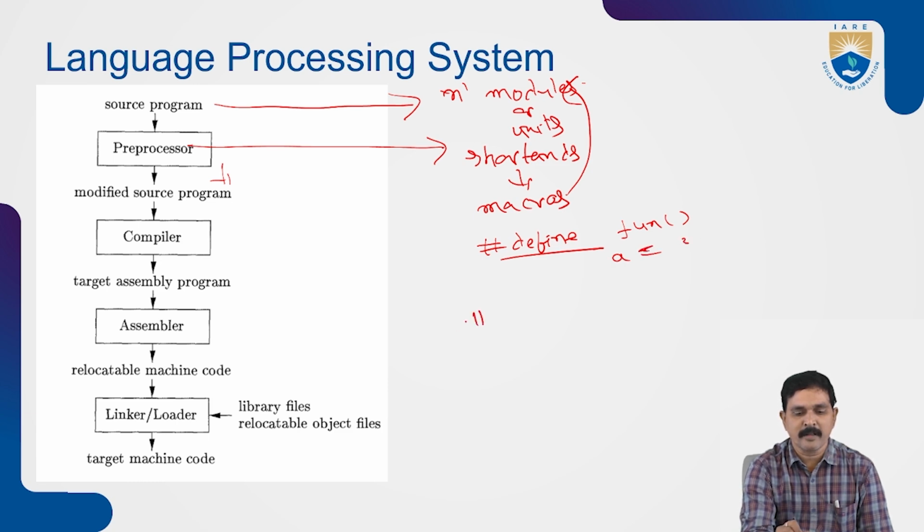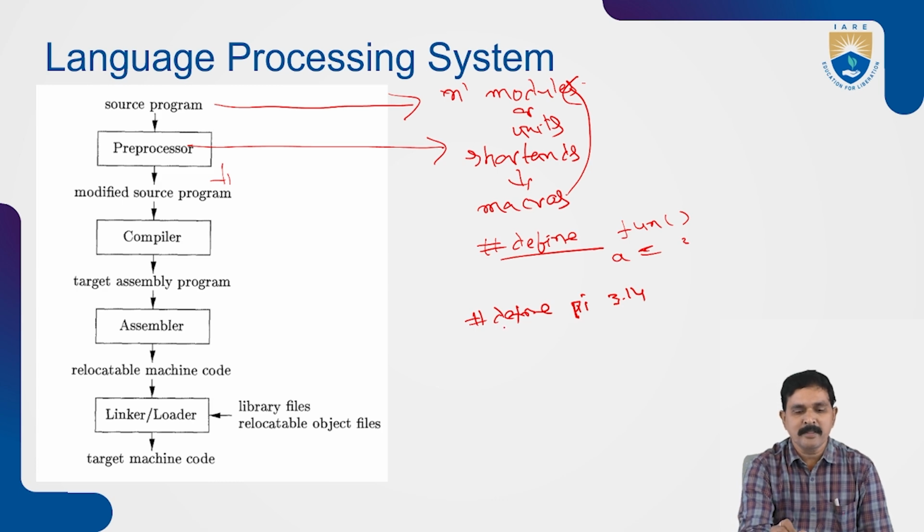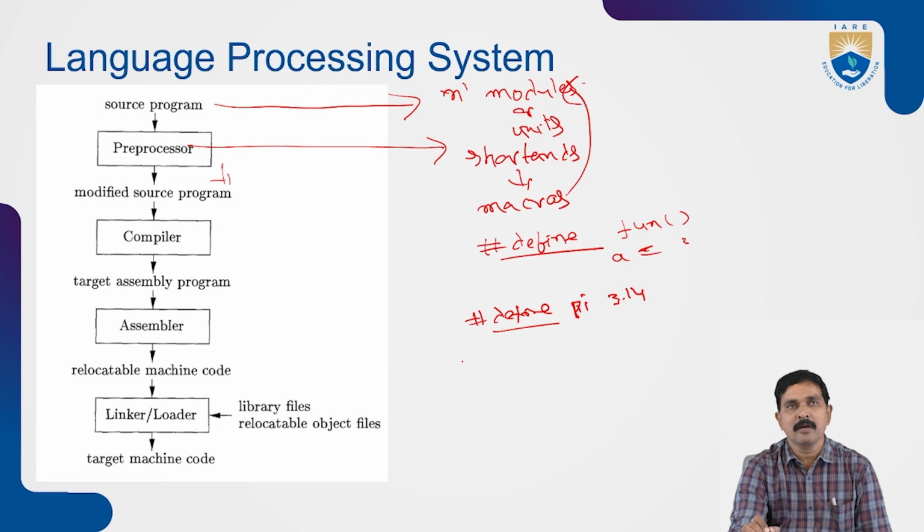Suppose I am using hash define pi 3.14. It is a constant value. So this is called a macro, or you may call any variable value or any function. You can call either for the preprocessor.